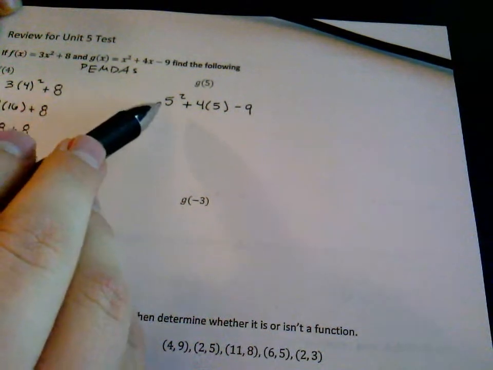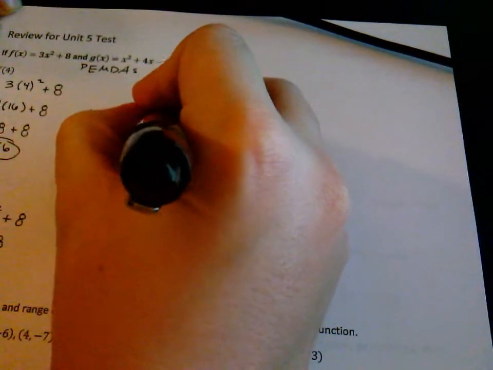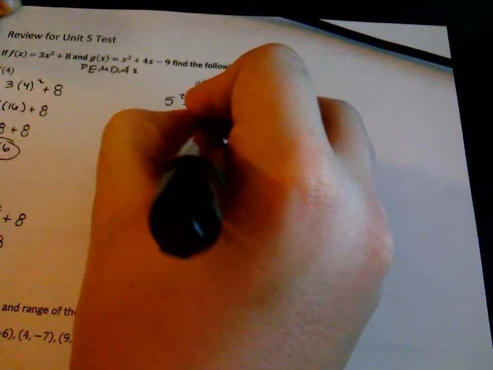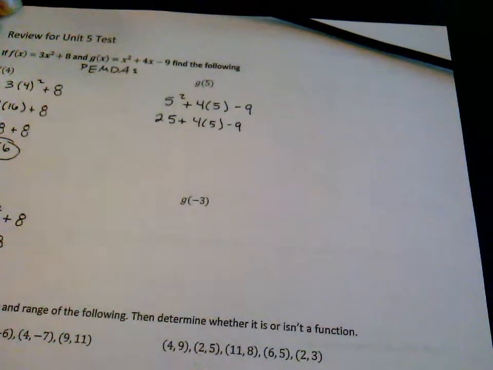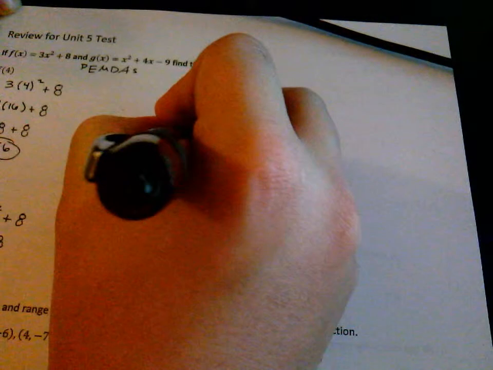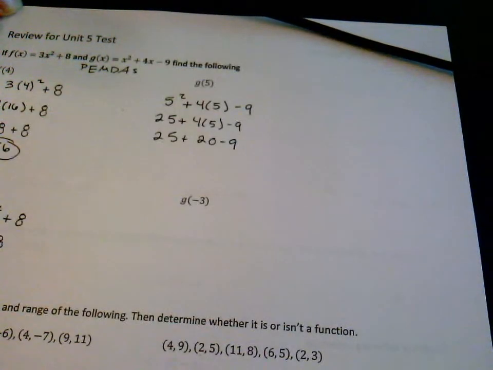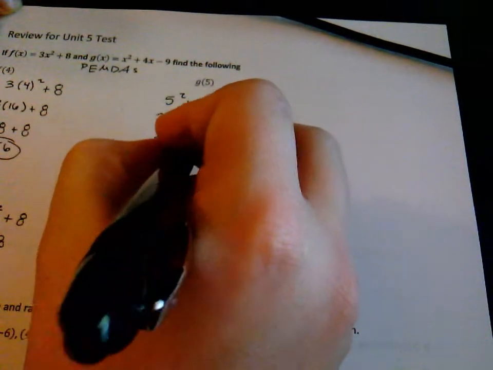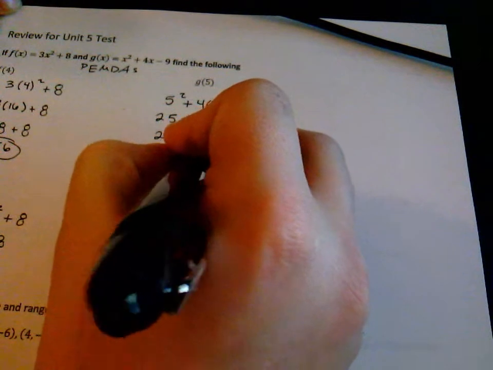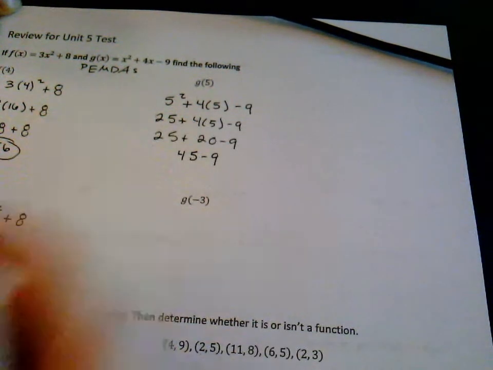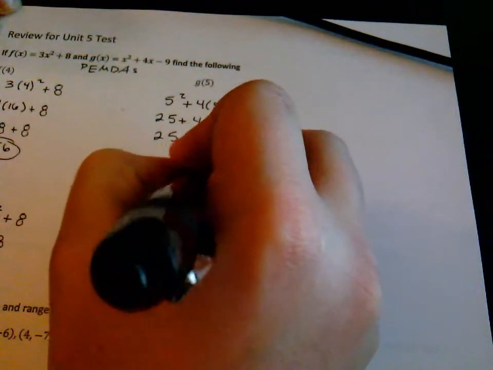Exponents, so it's 25. Plus 4 times 5, minus 9. Multiplication, that's 25 plus 20 minus 9. Do this, so that's going to be addition, so it's going to be 45 minus 9. Last but not least, 45 minus 9 is 36.